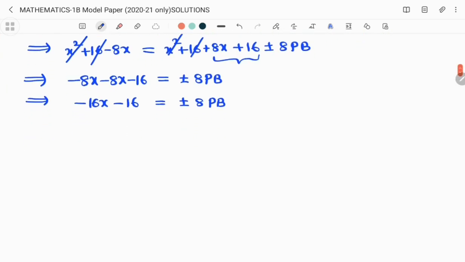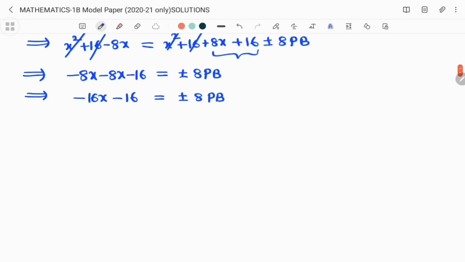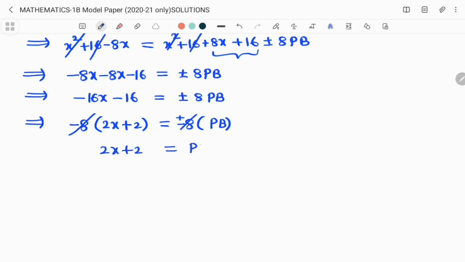In the LHS 16 multiples are there, in the RHS 8 multiple is there, so I am taking minus 8 common here. The rest of the terms here are 2x plus 2, which is equal to minus 8 taken common, and the remaining term is only PB, plus PB. So both sides minus 8 will be cancelled. 2x plus 2 is equal to PB.